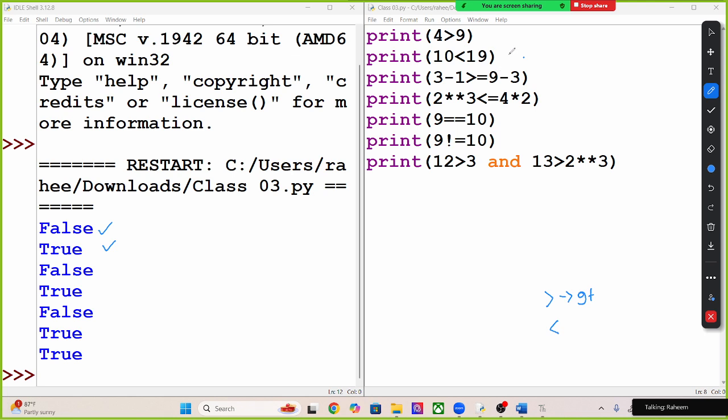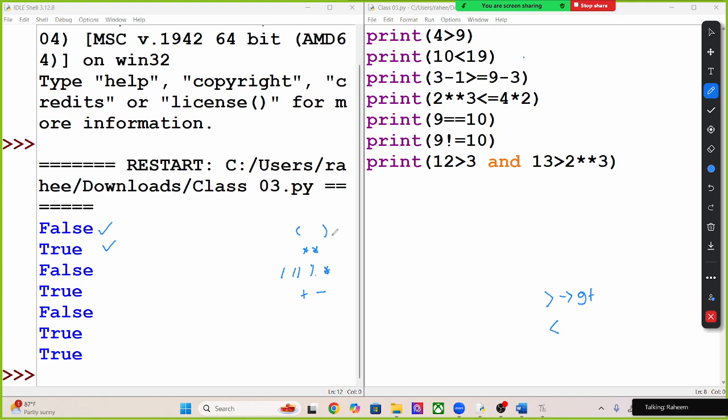In the second class we discussed the order. The order is brackets and the power, division, integer division, remainder and multiplication. At the end we had plus and minus.